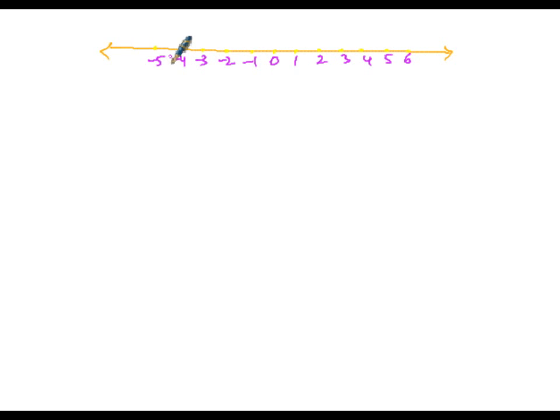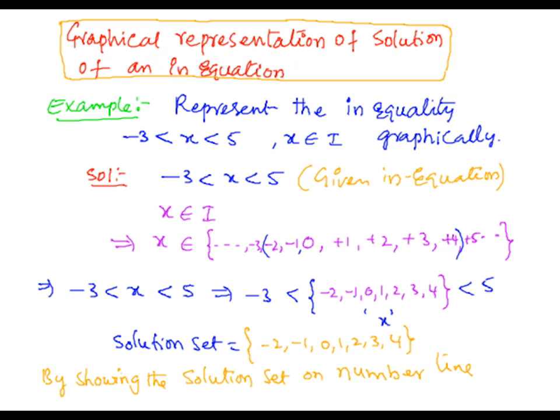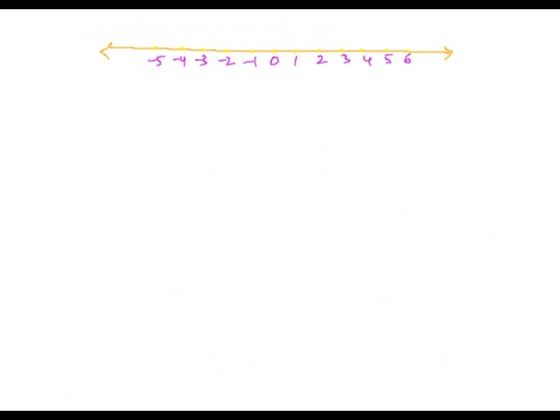The solution set is minus 2 to plus 4. So, we have to represent minus 2 to plus 4: minus 2, minus 1, 0, 1, 2, 3 and 4.